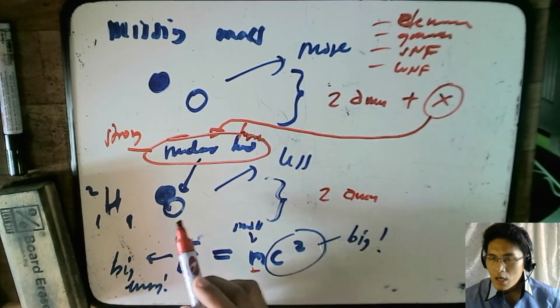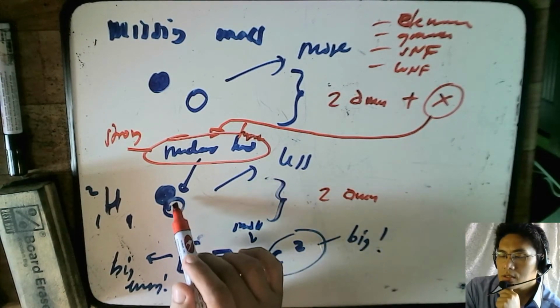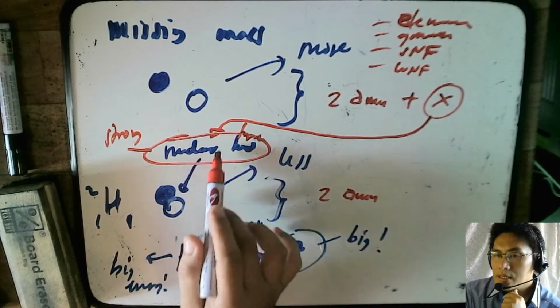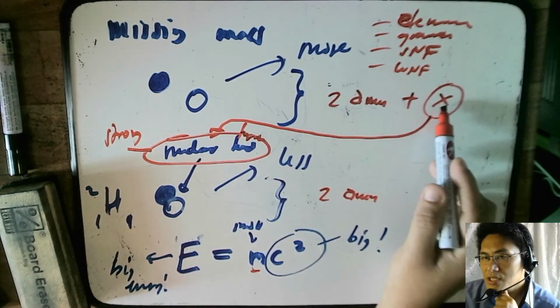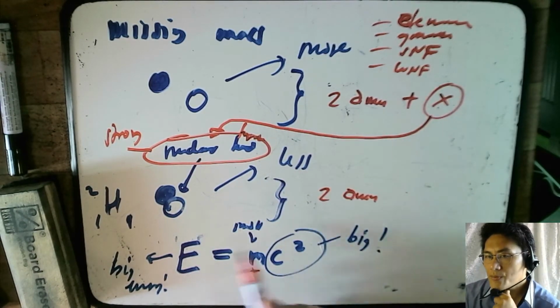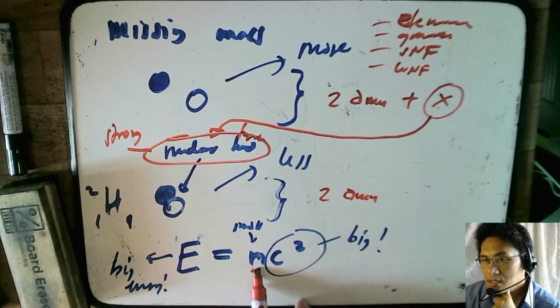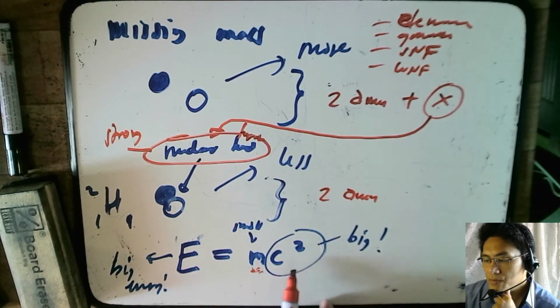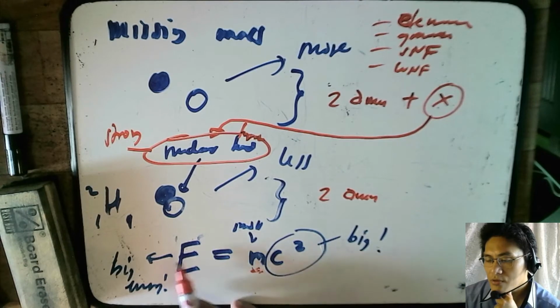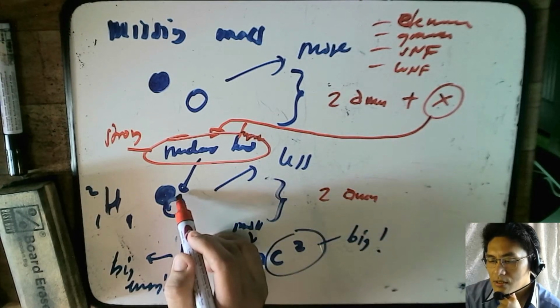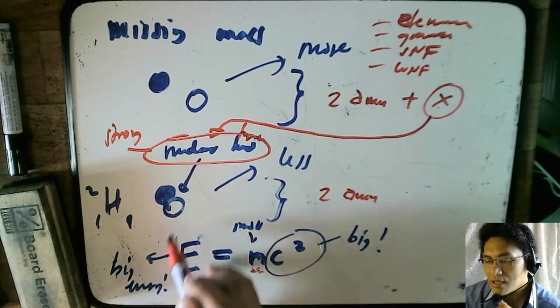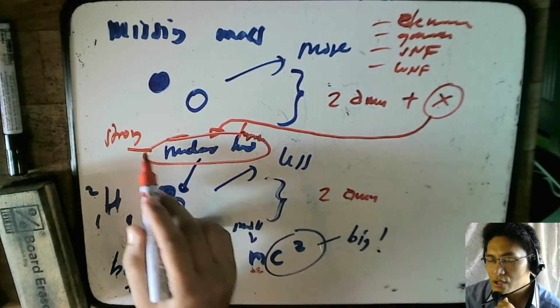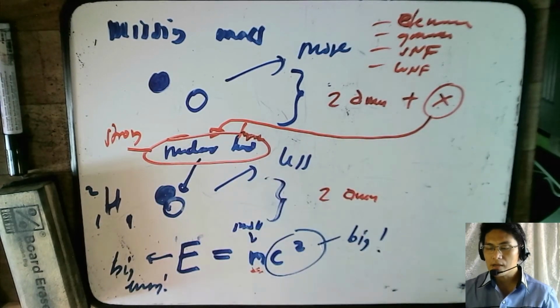Okay? So the fact that this bond was coming from the missing mass, and Einstein postulates that even a small mass multiplied by the speed of light twice gives you a large amount of energy, means this bond contains a lot of energy. It's very strong. That's why we call it a strong nuclear bond.